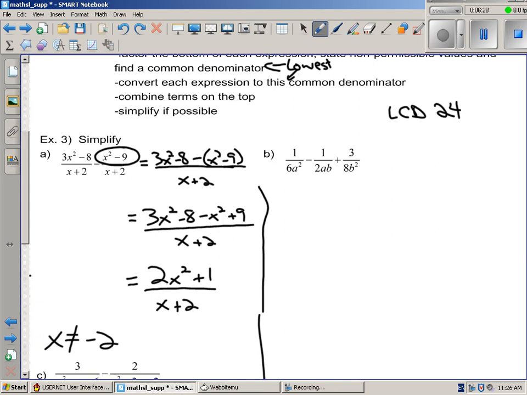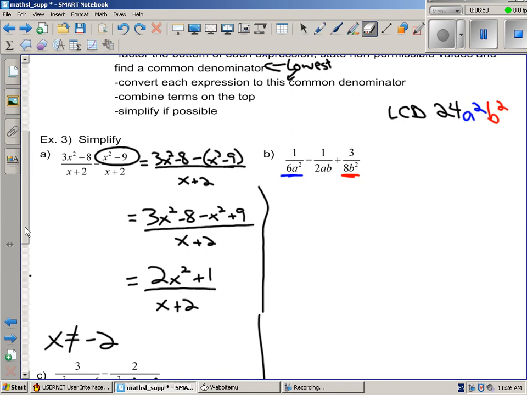Next, we ask ourselves, what kind of a's am I going to need? And you look for the highest power that exists on each term. So there's an a squared. I'm going to need an a squared for sure. Are there any bigger powers of a? No, that's the biggest I need. There's a b squared. I'm going to need a b squared then.